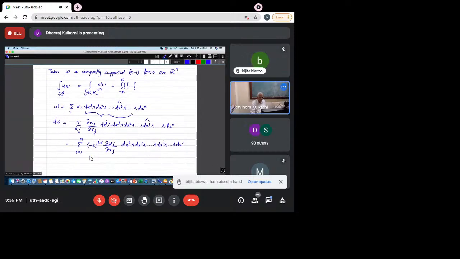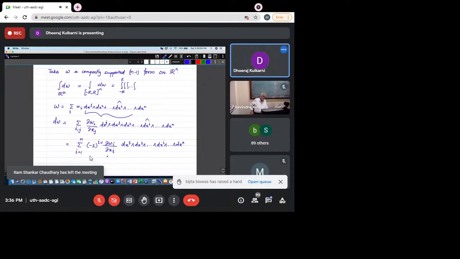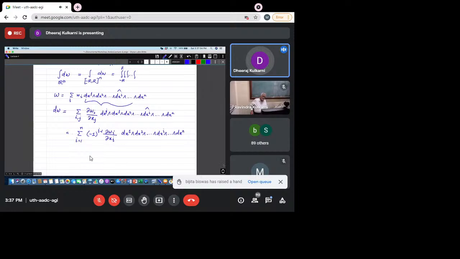Yes, right. So the only surviving term is the partial with respect to xi. Yes, you are absolutely right. So now it's a question of integrating out each of the terms, and you know that each of the terms, if you integrate it out on the cube, you will get 0. So this part is easy.